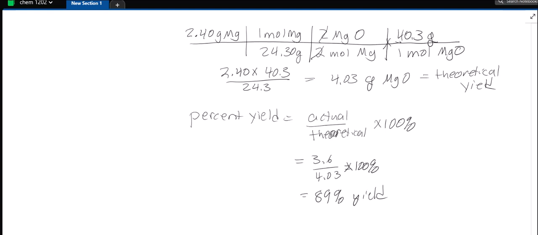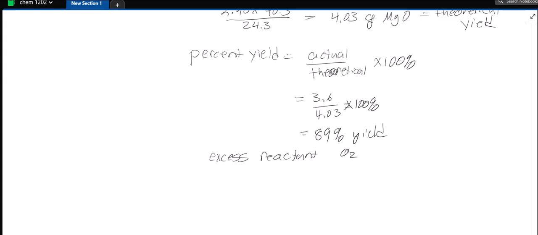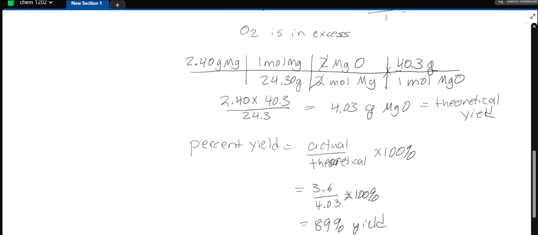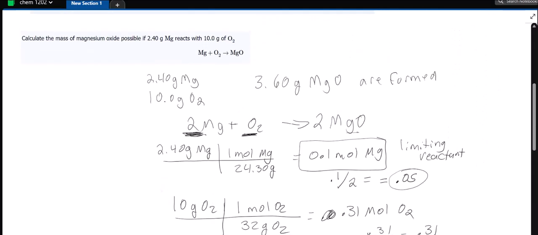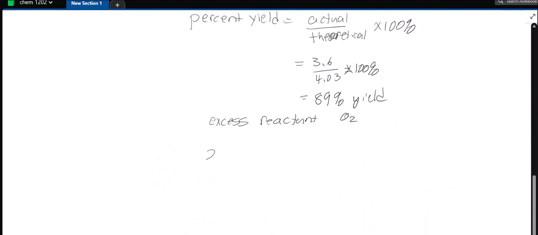Now the question also asks how much of the excess reactant was used. So the excess reactant was oxygen, and to figure out how much of it was used, you start with your limiting reactant, 2.40 grams magnesium.